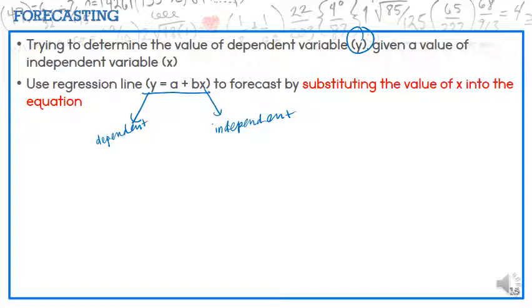A is your y-intercept and b is your slope coefficient. So we can forecast the value of y given x by substituting the value of x into the equation.